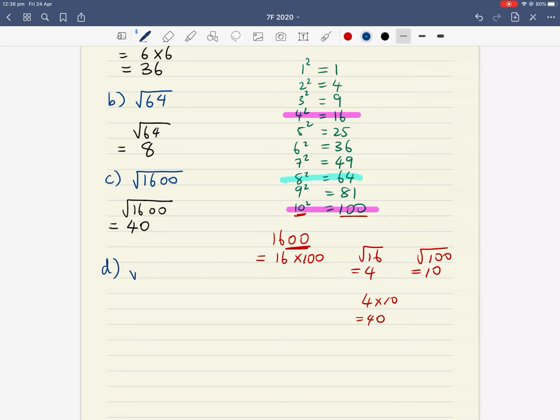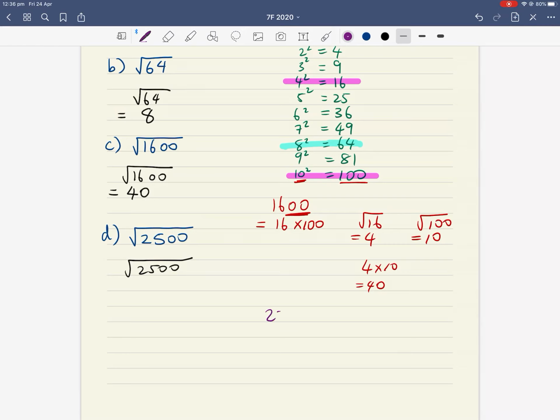Let's do one more, part D. The square root of 2,500. Again, it's a big number, so let's see if we can break it down into smaller numbers. So you're thinking, okay, 2,500, it ends with 2 zeros, so I can break it down into something times 100.